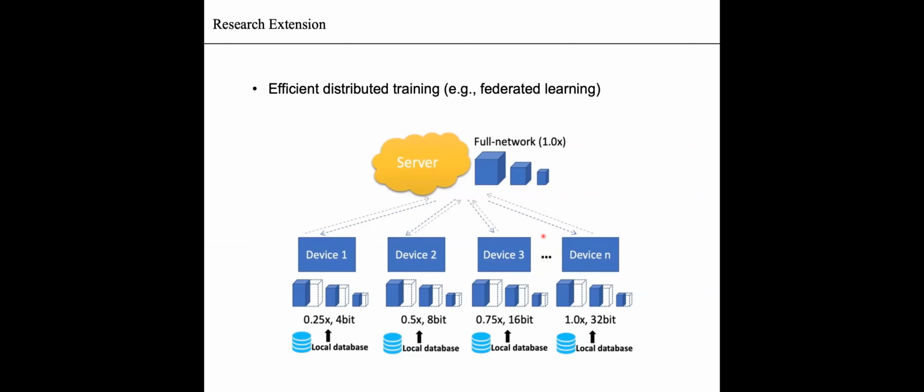Another research extension is that we also want to explore efficient distributed training, for example, this federated learning paradigm. In federated learning, the goal is to preserve the privacy of the data, right? A lot of the time, mobile device users don't want to share their data across different devices, but we still want to leverage this huge amount of data.